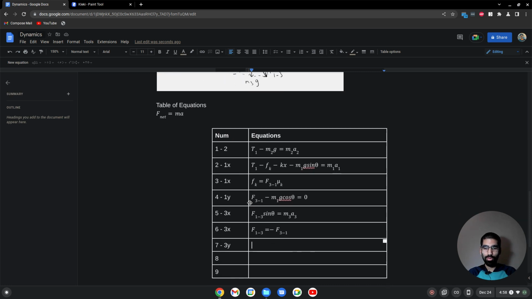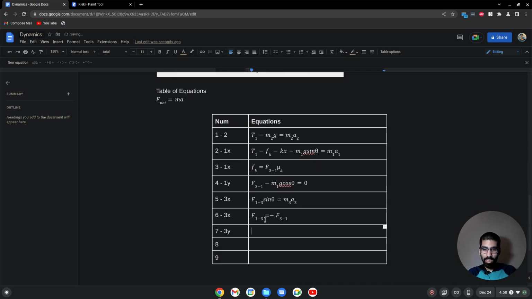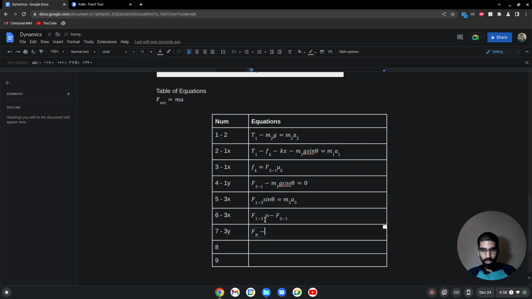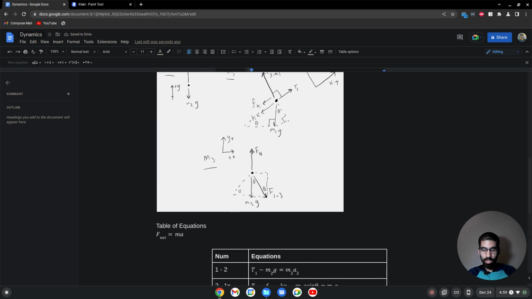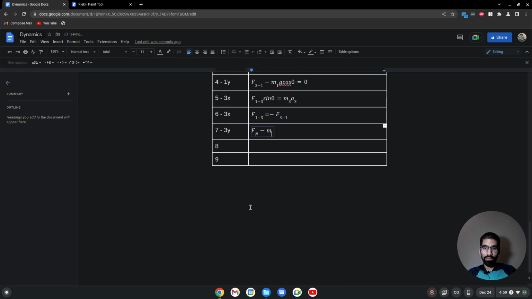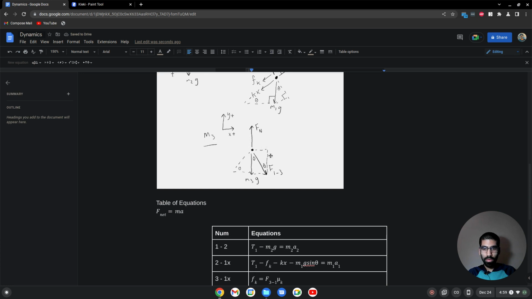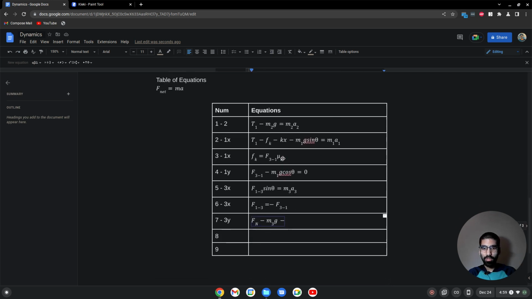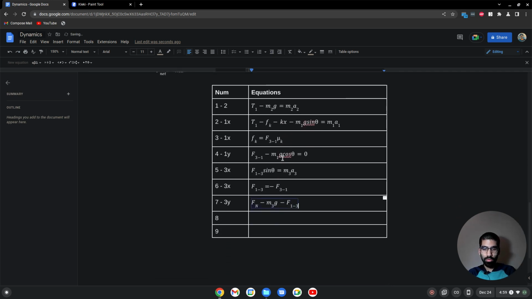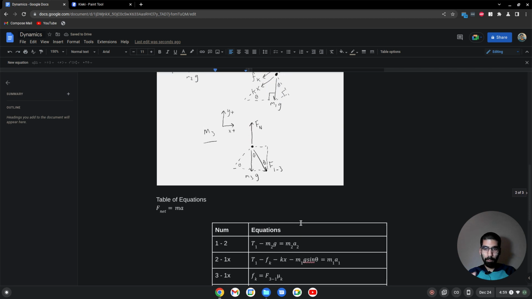So again, we're going to have the normal force from the ground, Fn, in the positive upwards direction, minus the weight of the ramp, m3g, minus the y component of this force right here from the mass onto the ramp. So that's going to be F1 onto 3 cos theta. All this is equal to 0, right?